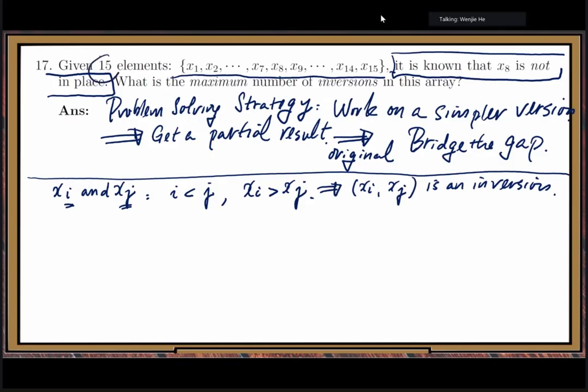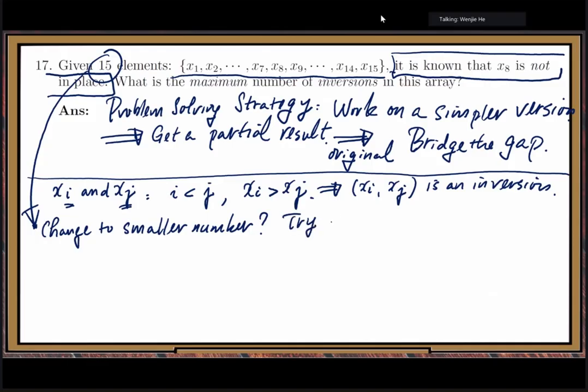Here, this number 15 is relatively large. Can you change it to a smaller number? For example, try 4. Change 15 to 4 elements.